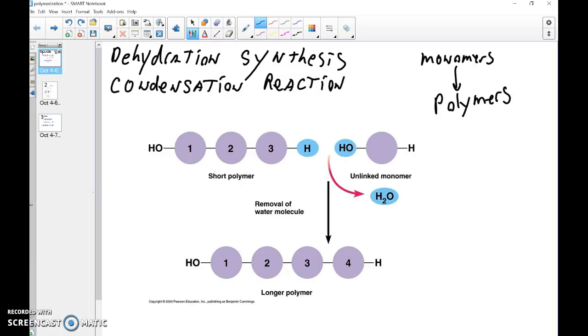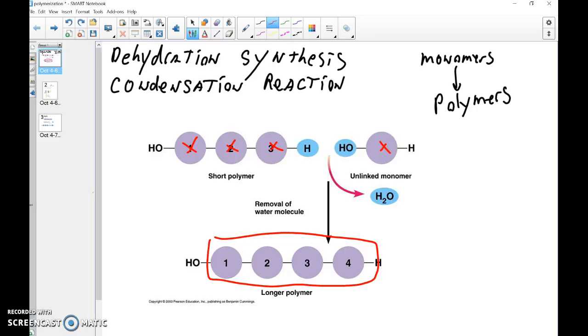And you can see on this diagram, each one of these circles is meant to represent a monomer, and the group of circles together is meant to represent a polymer.